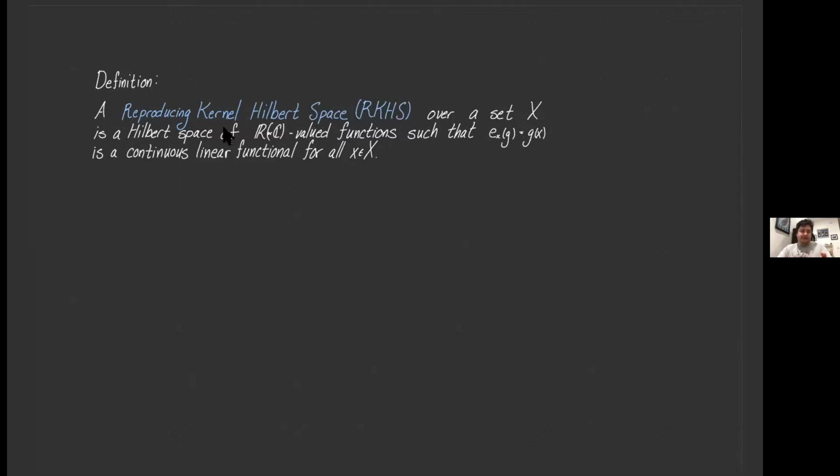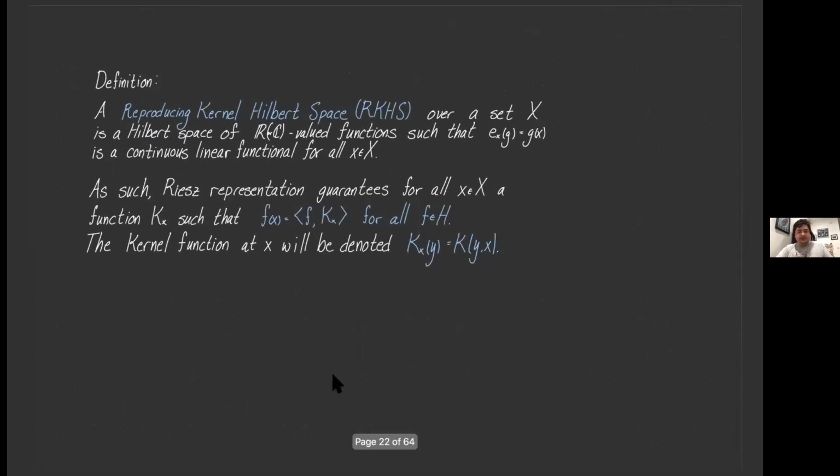Well, Riesz representation guarantees that for all x in X, there's a function K sub x, which we're going to call the kernel at x, such that point evaluation is given by inner producting against the kernel function at x. Right, and so there's some notation here.